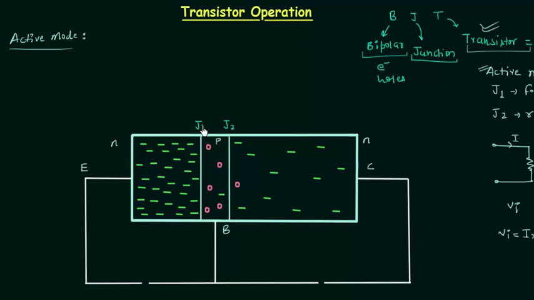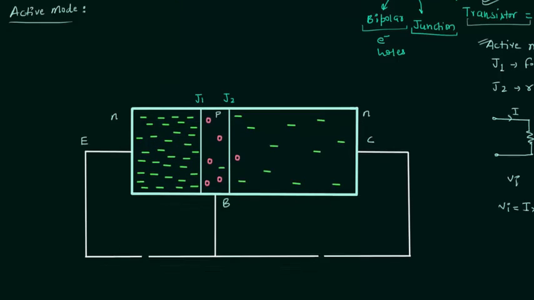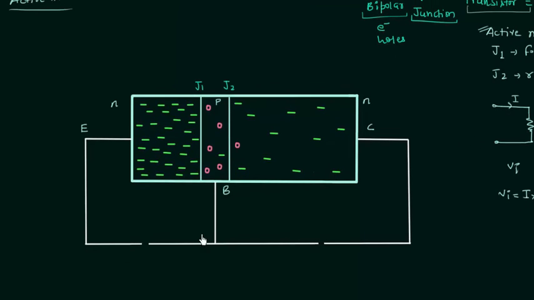We already know in active mode junction J1 is forward biased. So to forward bias junction J1, we need to apply a forward bias potential. N is connected to the negative terminal and P is connected to the positive terminal. So the emitter is connected to the negative terminal and the base is connected to the positive terminal.